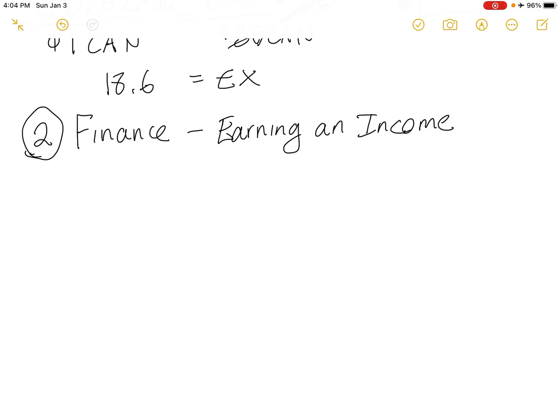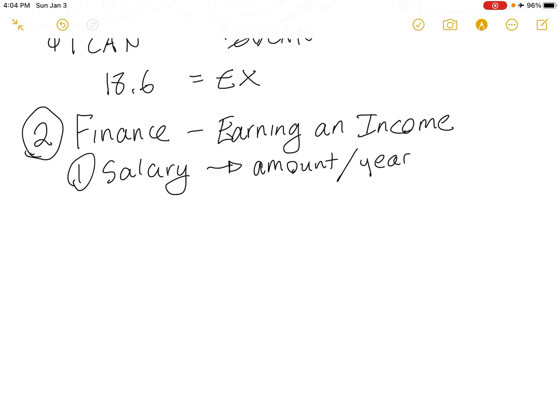Well, the most common ways of earning an income are, first, salary, which means you get paid an amount per year. Let's say, for example, you earn $60,000 per year.